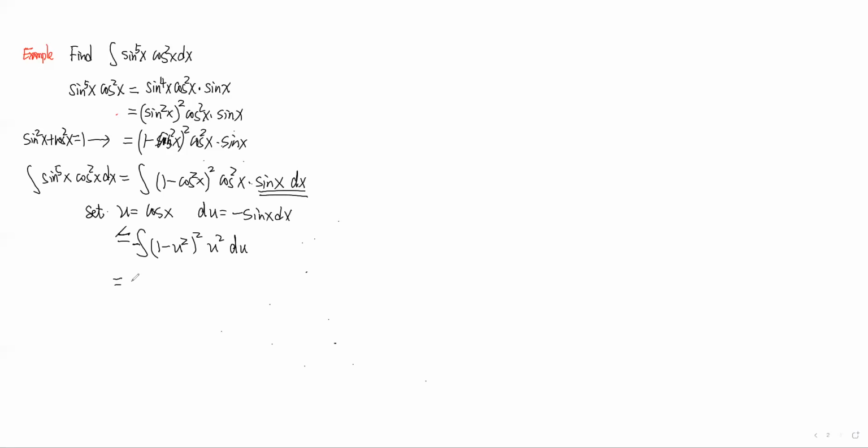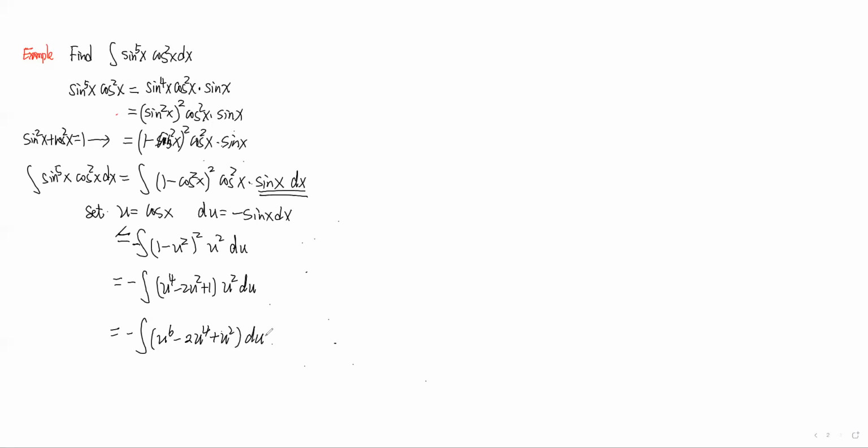So let's continue to simplify the integral. This is u to the power 4 minus 2u squared plus 1, and the u squared du. Simplify: this is u to the power 6 minus 2u to the power 4 plus u squared du.